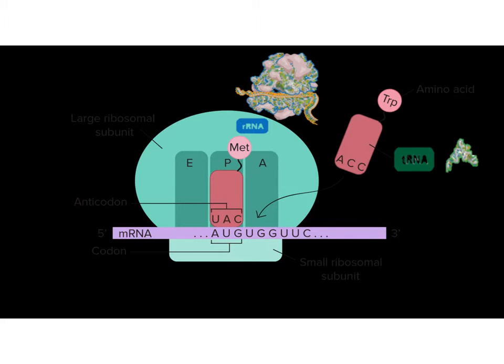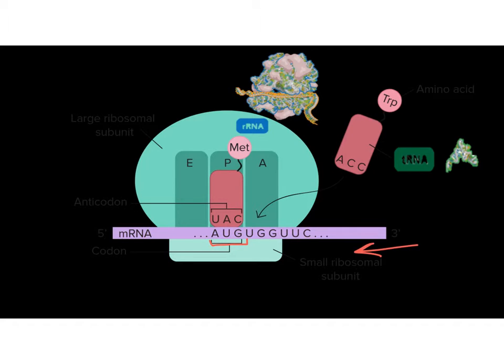So this is a diagram of the process of translation. So this is where we express our genetic code. So from capping the 5' end, we've gone in, we've fed in this way, and we've started with this triplet here. So this triplet is called a codon.